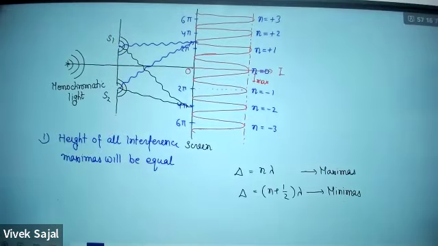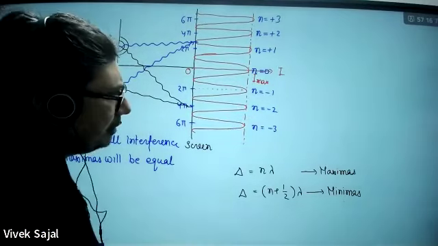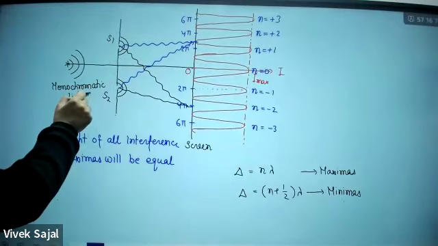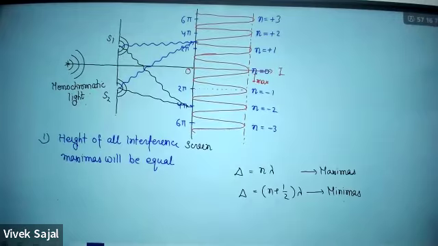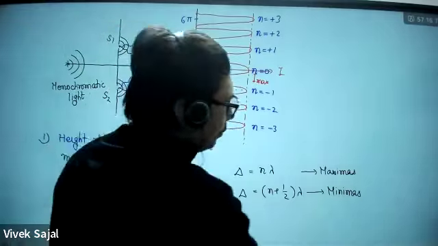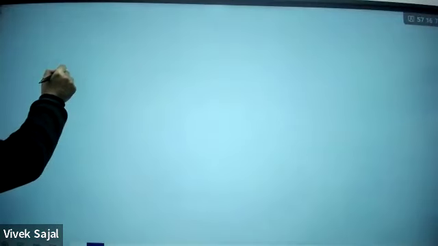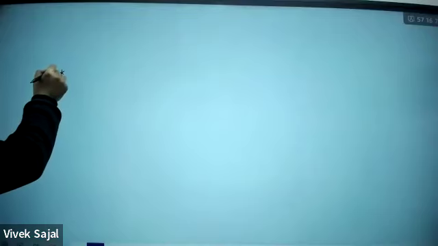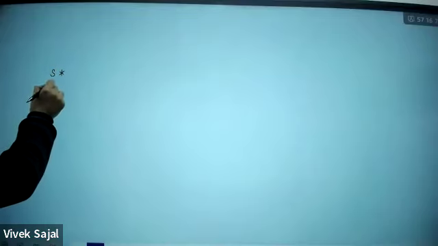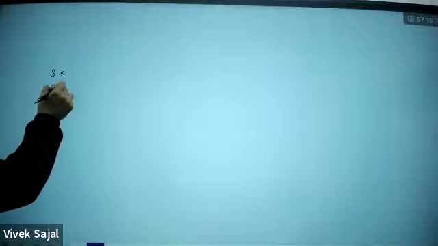Now another thing is I want to replace this monochromatic light by white light. So suppose you replace this source of monochromatic light by white light.